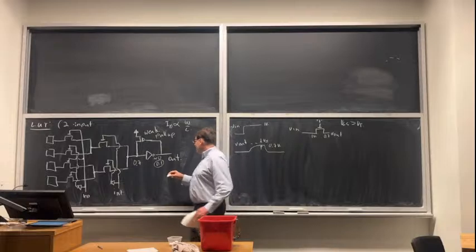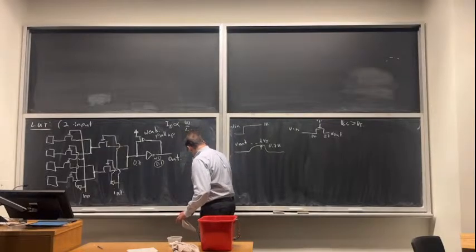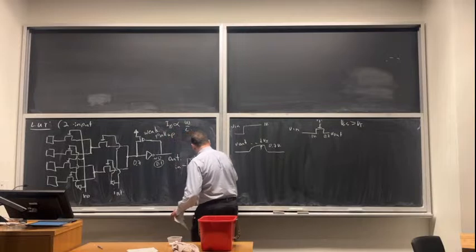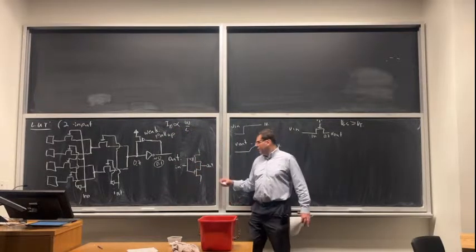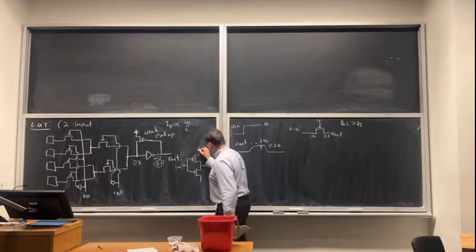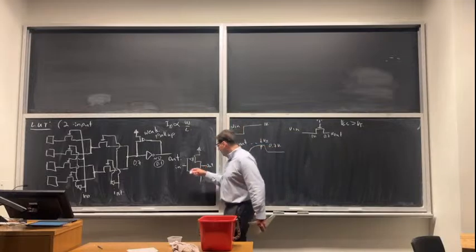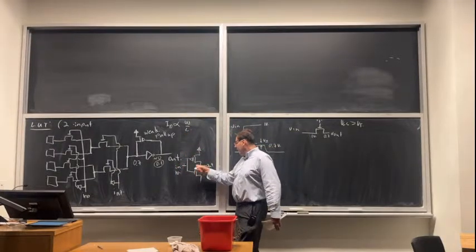But even worse, and this is the real killer, inside that inverter I have this structure, right? This is my input, this is my output. All CMOS is designed so that there's never a DC path between power and ground. So if I put 1 volt here, this is strongly on, this is completely off.